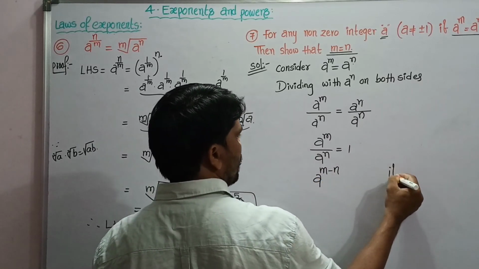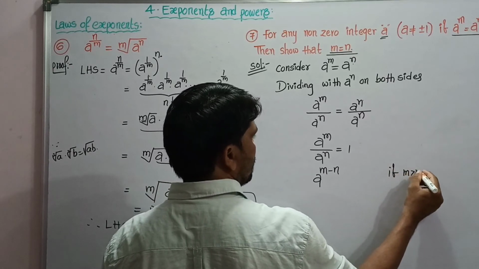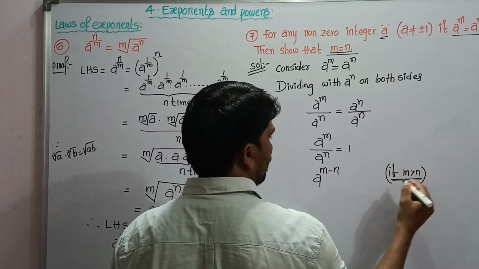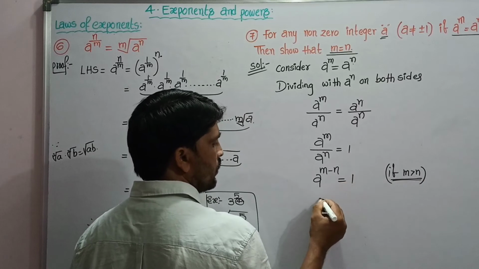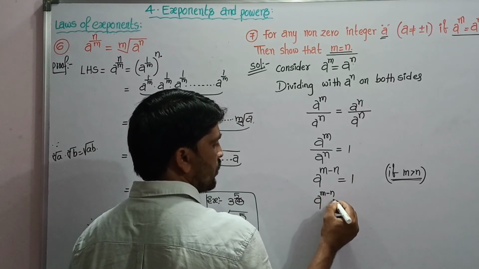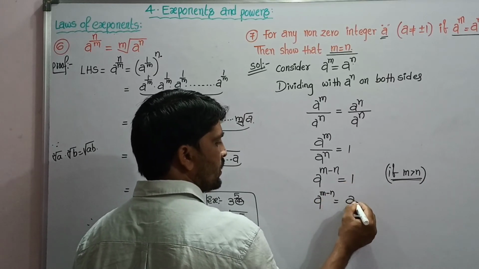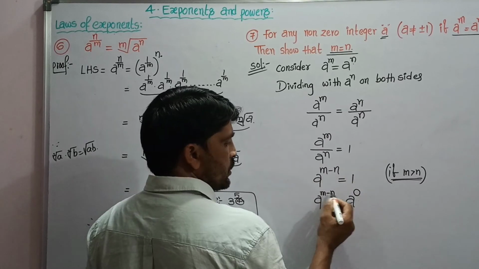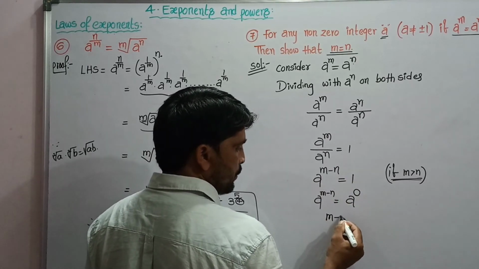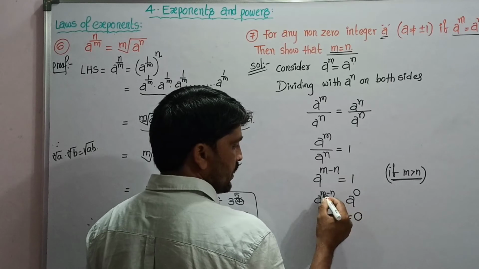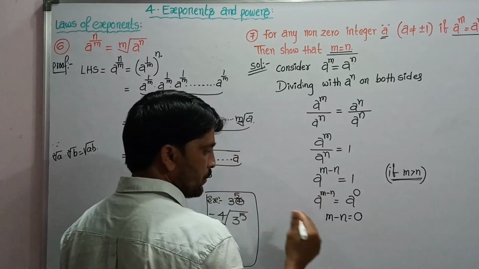Let us suppose here m is greater than n. Okay, that equal what? 1. A power m minus n equal 1 can be expressed as a power 0. This is possible when exponents are equal, that is m minus n equal to 0.